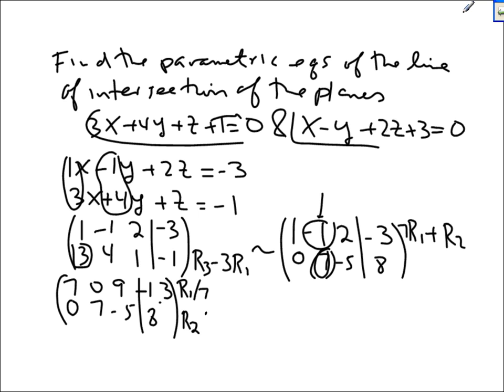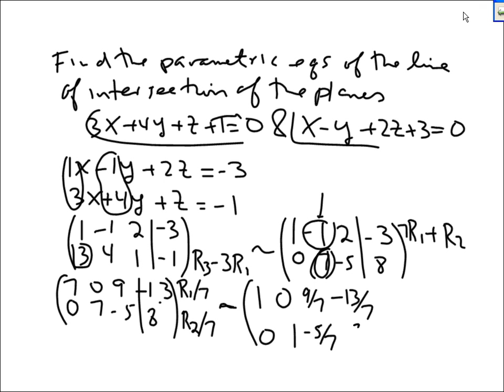I'm going to divide row 2 coincidentally also by 7. And I get 1, 0, 9 over 7, negative 13 over 7, 0, 1, negative 5 over 7, and 8 over 7. Okay, I get what I get.